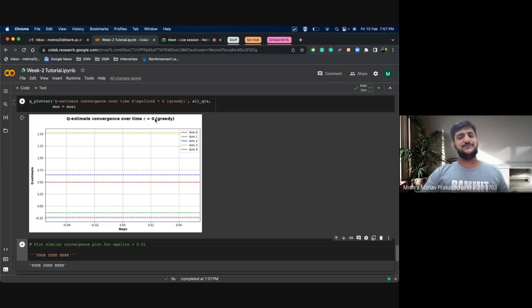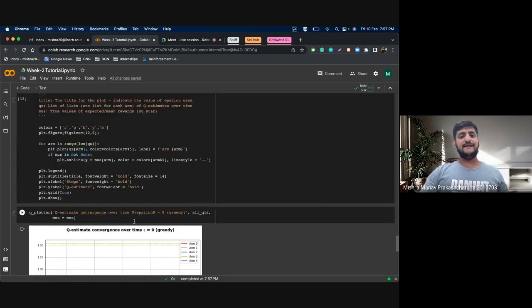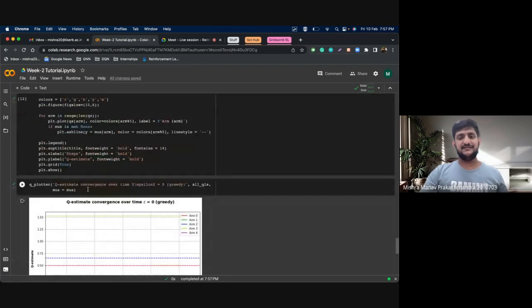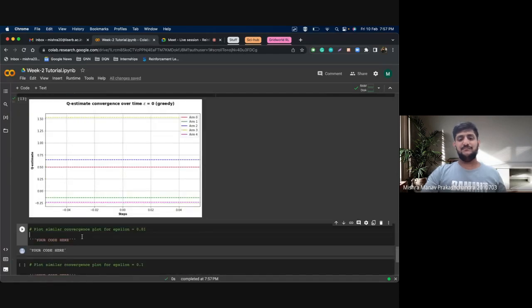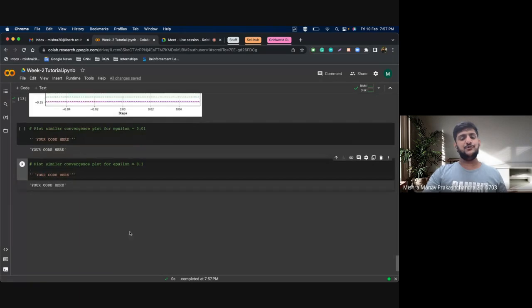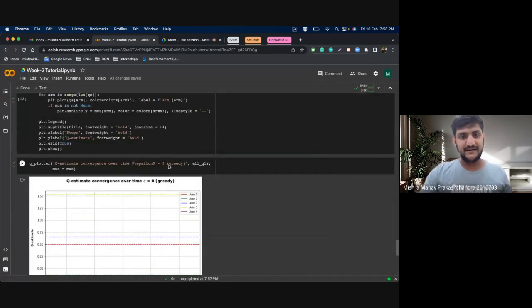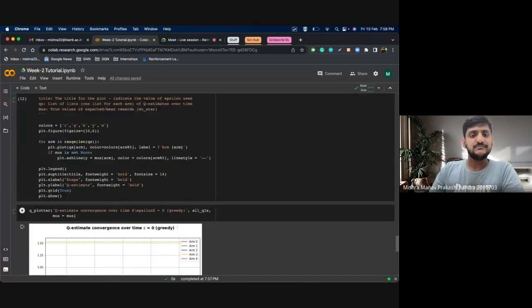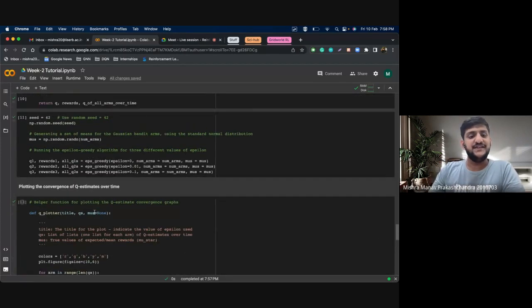This is for epsilon 0. This is the plotting function for epsilon equal to 0 here. Now, similarly, you plot for epsilon 0.01 and then for epsilon 0.1. So I think you can start with the epsilon greedy algorithm. The plotting function is given.